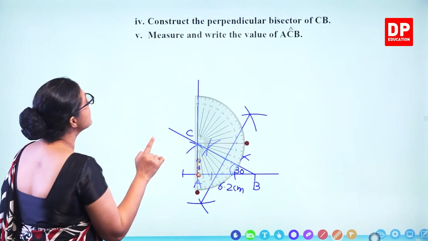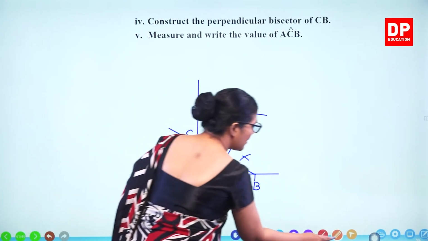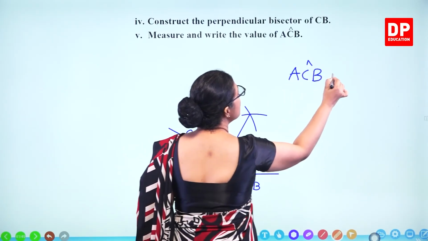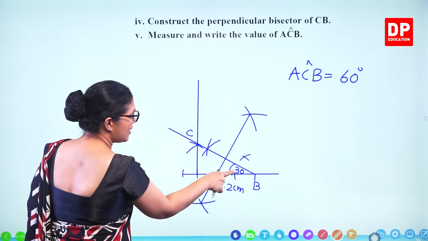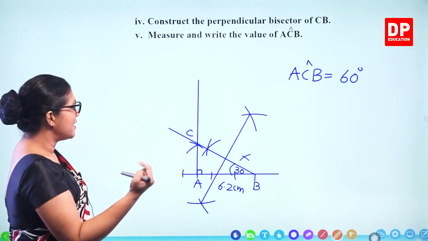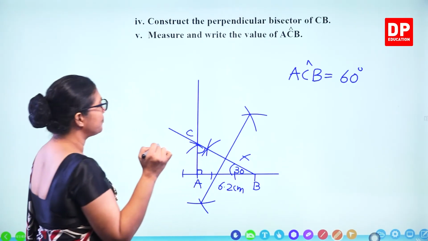You get 60 degrees. So we'll write ACB angle is 60 degrees. We can easily check that this is 30 and this is a perpendicular. 90 minus 30, 60 degrees. So ACB angle, this angle.